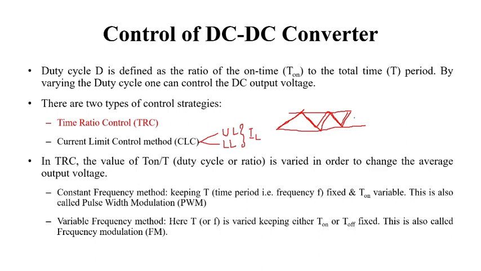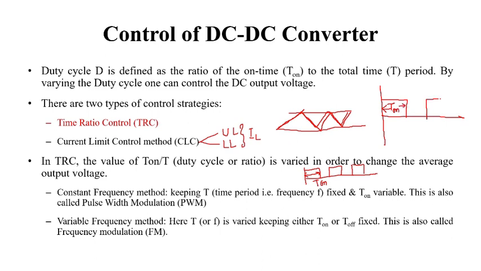Here in this method, we are just varying the pulses. These are the pulses. If I vary the width of the pulse, that means we are increasing the T on time. This is our pulse, this is the T on time.